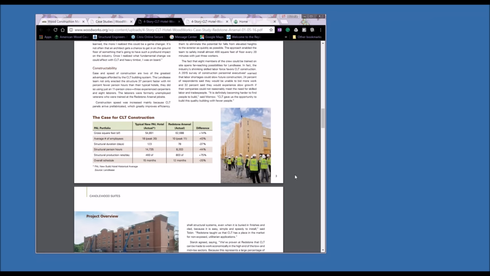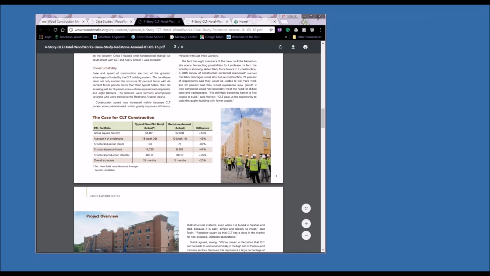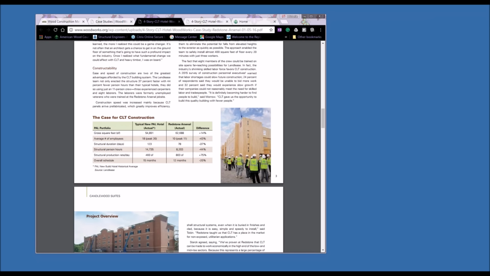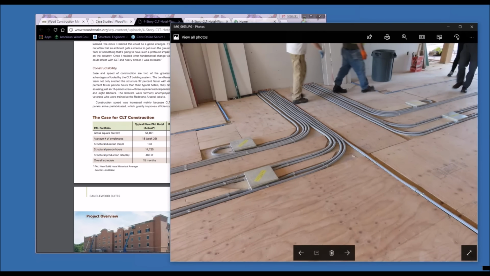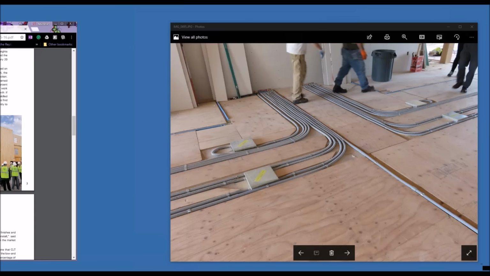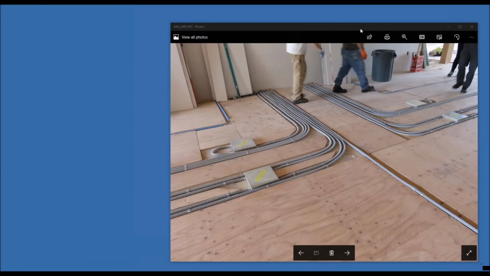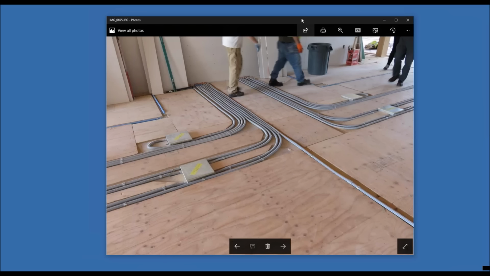Great point. Michelle, another question about how we run mechanicals through or around these systems. Yeah, I actually have some pictures, because it's similar to all other projects where you're working closely with the MEP to determine where they're going to run their mechanical. If you're dealing with other types of buildings, we want to get this ahead of when it's under construction.